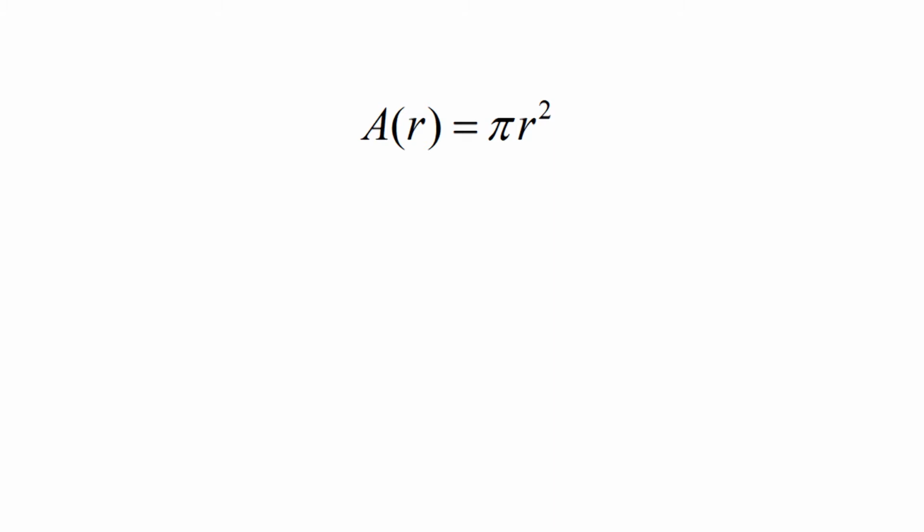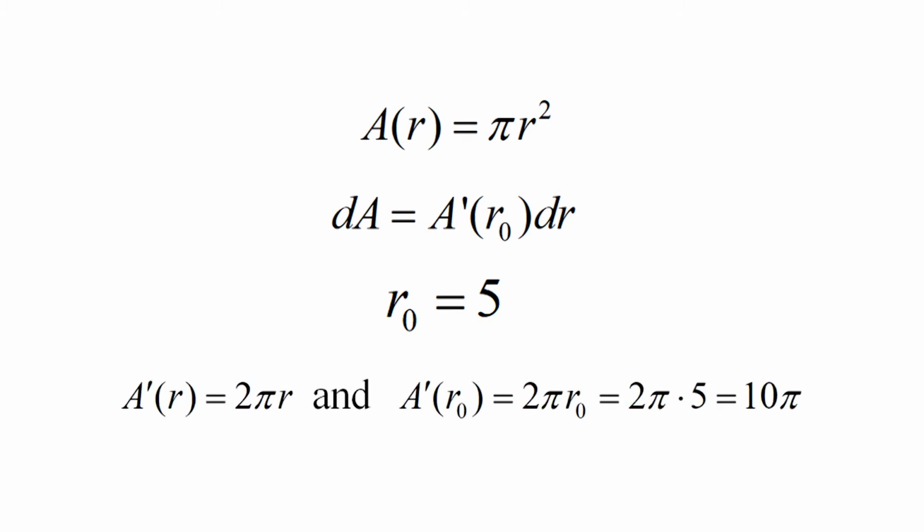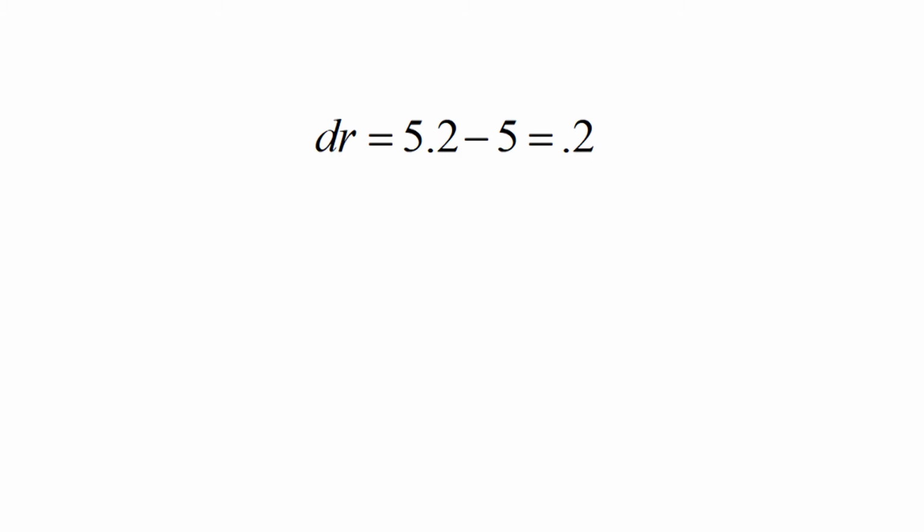The approximate change in the value of A of r when r changes from r naught to r naught plus dr is dA equal to A prime r naught times dr. Here A of r is equal to pi r square and r naught is equal to 5 gives A prime r is equal to 2 pi r and A prime r naught is equal to 2 pi r naught, which is equal to 2 pi times 5, which is equal to 10 pi. Also dr is equal to 5.2 minus 5, which is equal to 0.2.